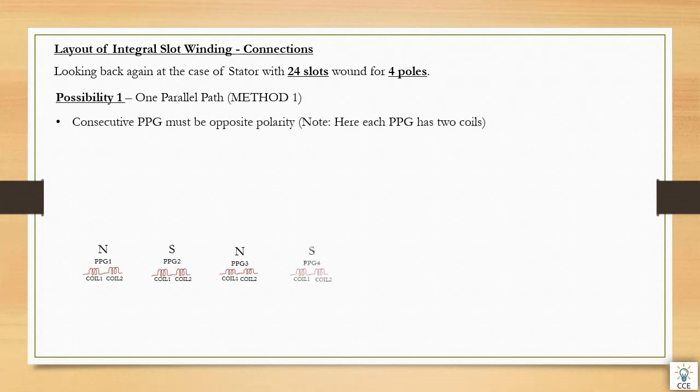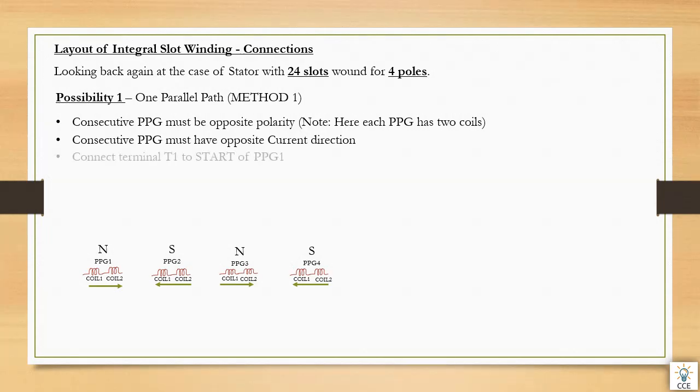So again in this case, since we had two coils in each pole phase group, we have made coil 1 and coil 2 for each pole phase group, and as discussed in the earlier case, each consecutive pole phase group must be of opposite polarity, thus creating the north pole, south pole, north pole and south pole alternatively. Now the consecutive pole phase groups must have opposite current direction because of the reason of creating opposite polarity.